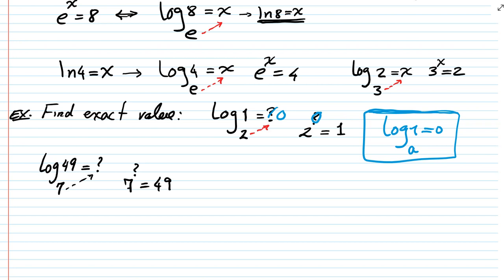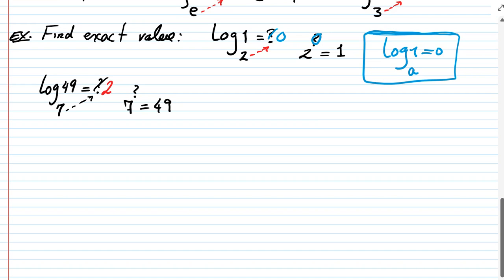So the answer to the log is the power to which you raise the base to get 49. And in this case, again, by inspection, yes, 7 squared is 49, correct? So the answer is 2. That will be the exact value without the use of a calculator.